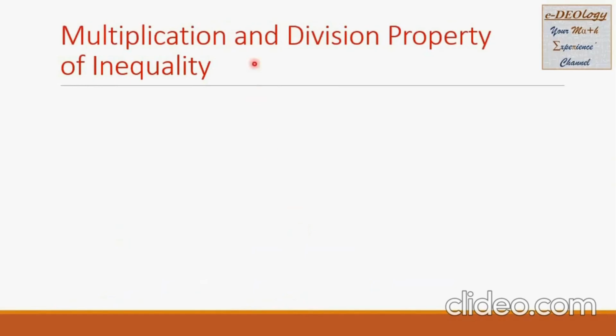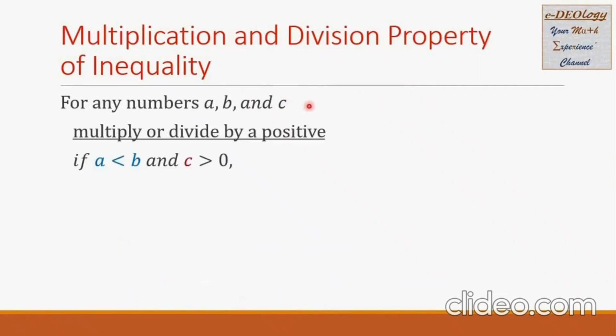Let's go now to multiplication and division property of inequality. For any numbers a, b, and c, first we will multiply or divide by a positive number. If I have an inequality a is less than b, and given that c is greater than 0, this expression here means c is a positive number.